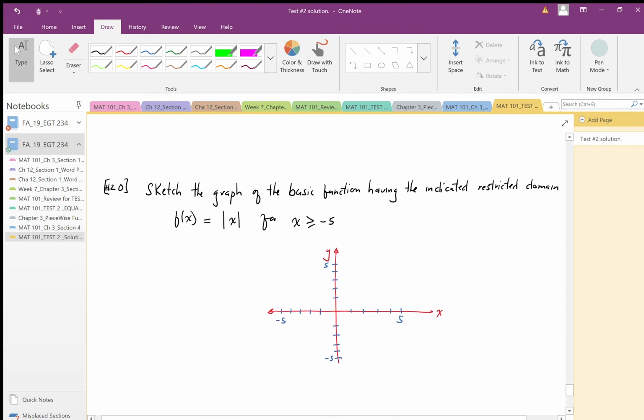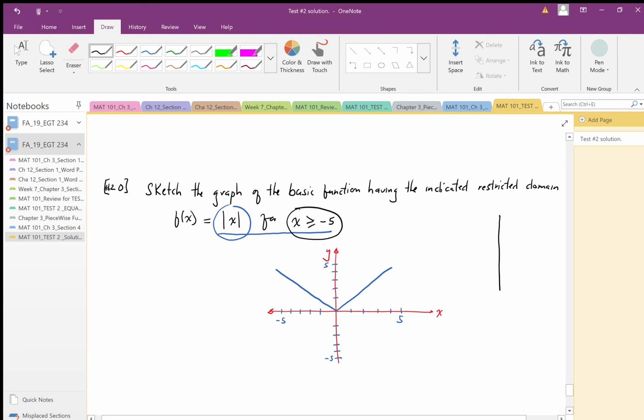We're asked here to sketch this graph using this restriction here. Okay. So you typically know when you see an absolute value graph, it's going to look something like this. Now, in this case, our values have to be greater than or equal to -5 and less than 5.